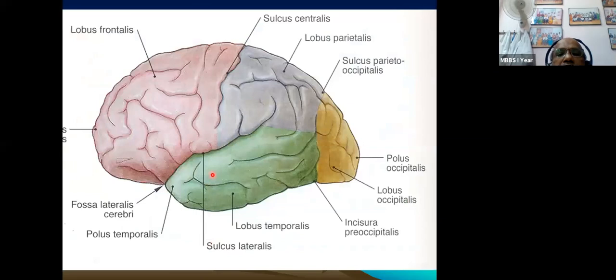Each cerebral hemisphere is divided into 4 lobes: frontal, parietal, occipital, and temporal. Already you may be familiar with these. How we divide it into various lobes, you are going to learn.